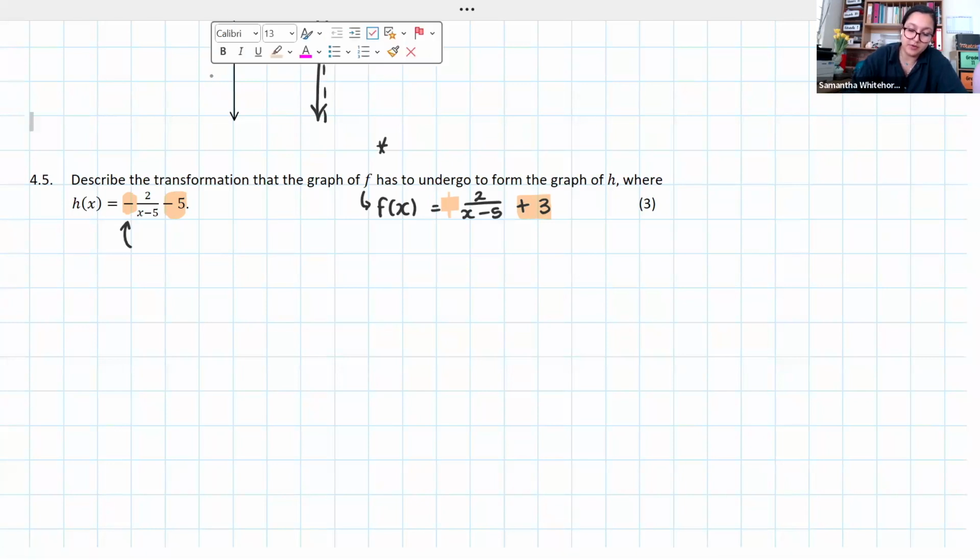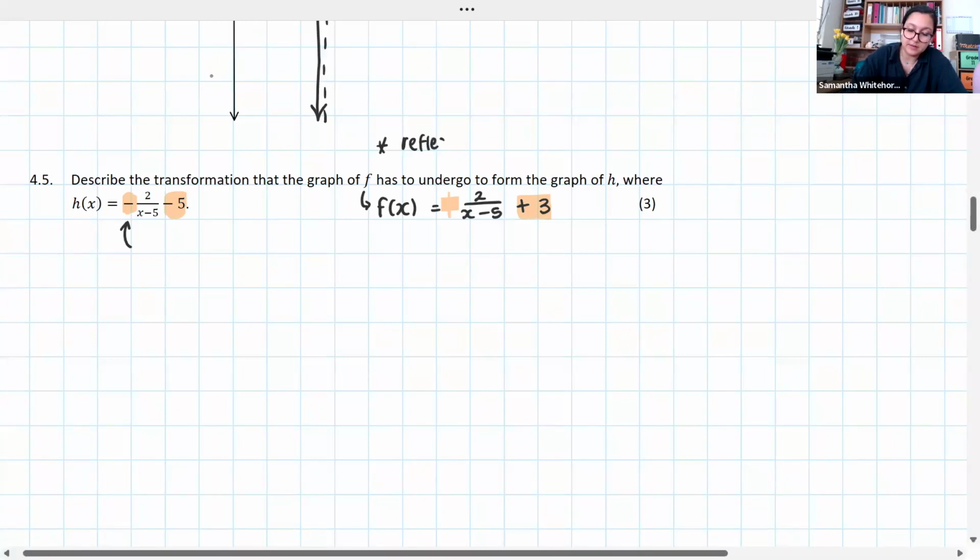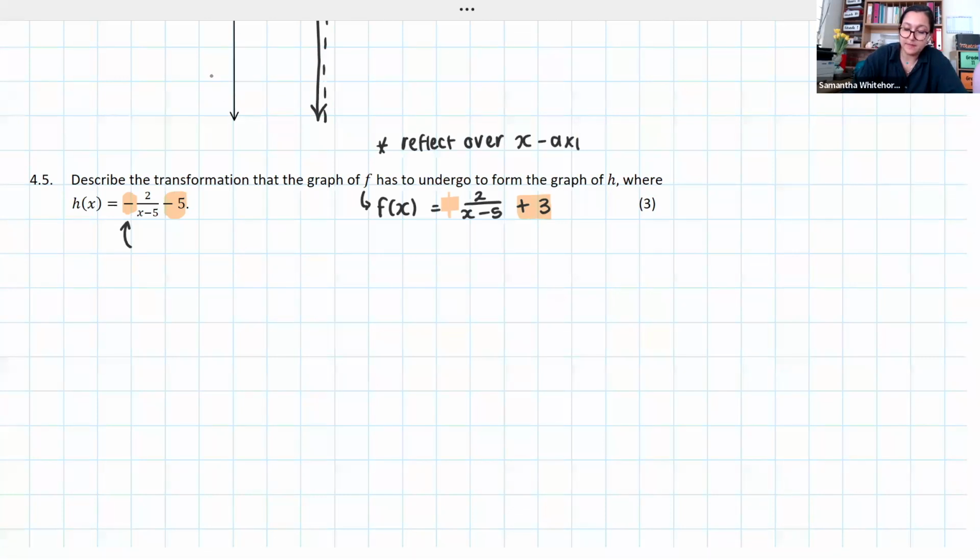So remember, if you reflect over the x-axis, your y values become negative. And because I saw that negative there for the y value, because remember h of x is a fancy way of saying y, I knew that I'd reflected over the x-axis.